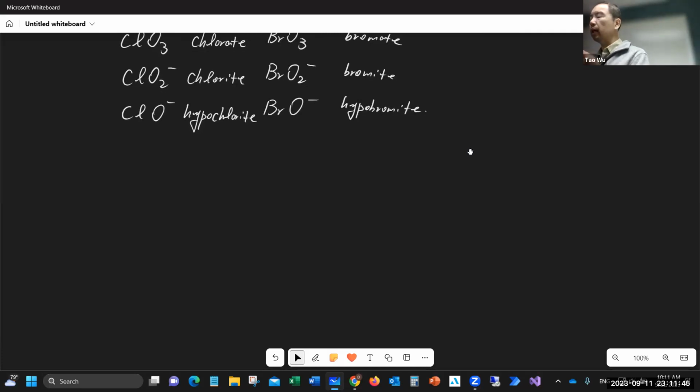Now we can be confident to name ionic compounds with polyatomic ions. If we have a metal ion, most of the cations are metal ions, plus the polyatomic anion, you're doing the same thing.